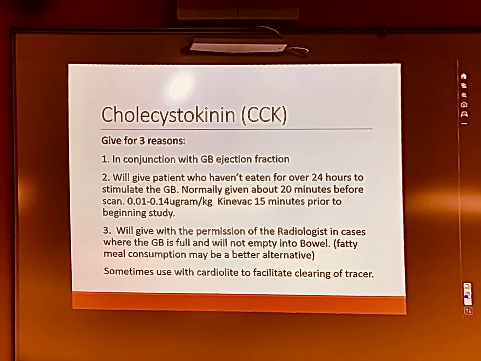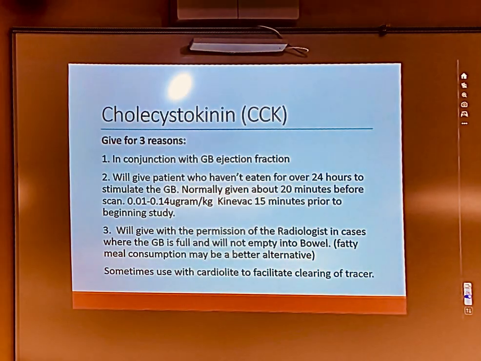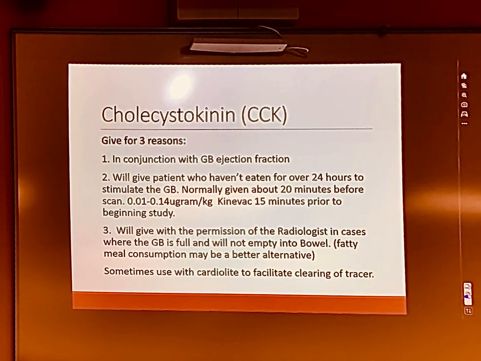So, Mrs. Mack has on here, fatty meal consumption may be a better alternative. The jury is out on these. Technically, Kinevac is making your body secrete the hormone to cause your gallbladder to contract because you ate.